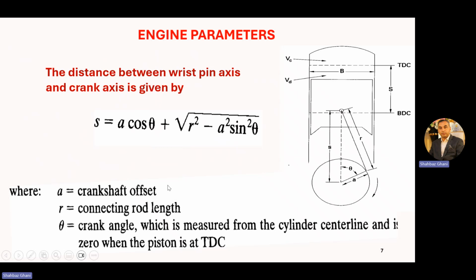A is your crank offset, R is your connecting rod length, and theta is the crank angle, which is measured from the cylinder center line and is zero when the piston is at TDC. This is a simple formula to find the piston distance S at a given geometry.